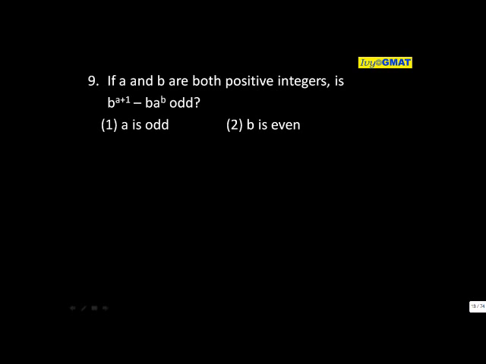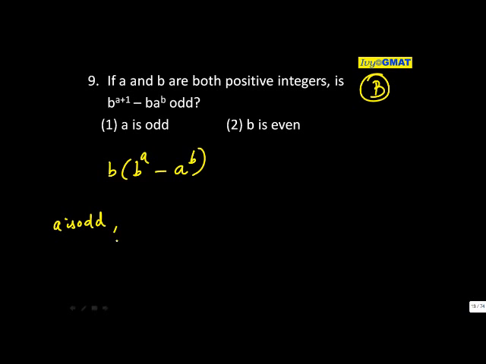Let's see question number 9. What is your answer here? B. B for Bombay. Let's see. I can take B common here. So I'll write B to the power A minus, this is my expression. Now if A is odd, what all can B be?